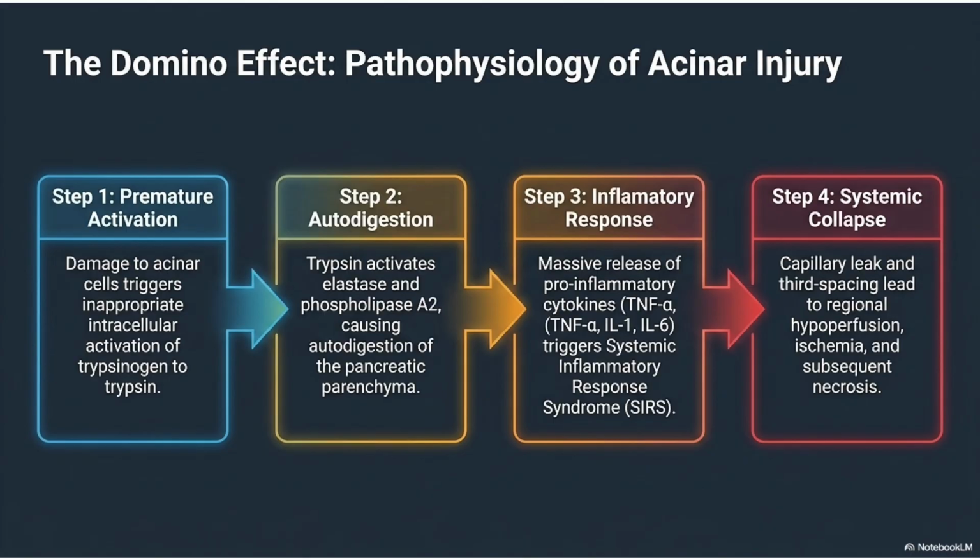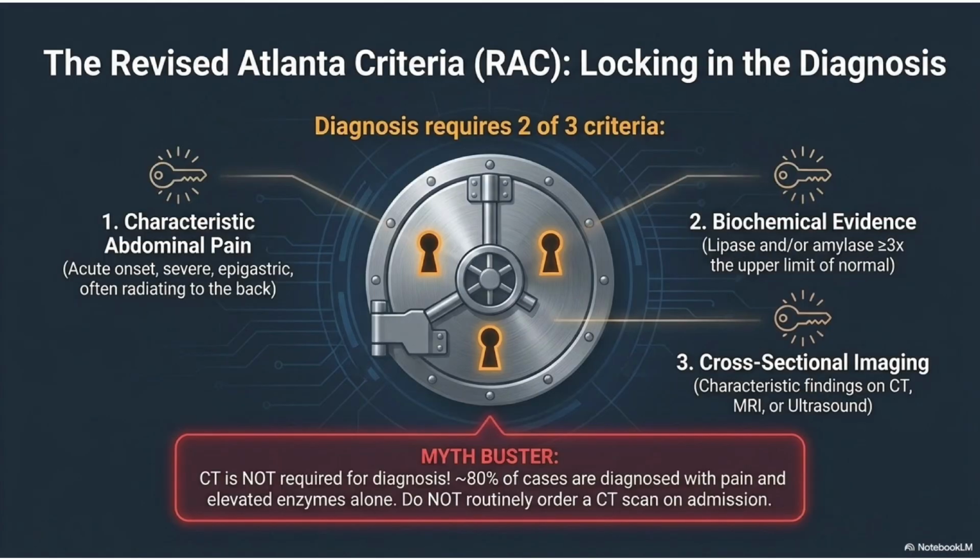When this inflammatory response is extremely severe, you're going to start having capillary leak, third spacing, hypoperfusion, ischemia, and organ damage. And these are the patients who are going to be sicker, requiring more intensive care in the ICU. So you need to remember the revised Atlanta criteria, the RAC, to lock in the diagnosis.